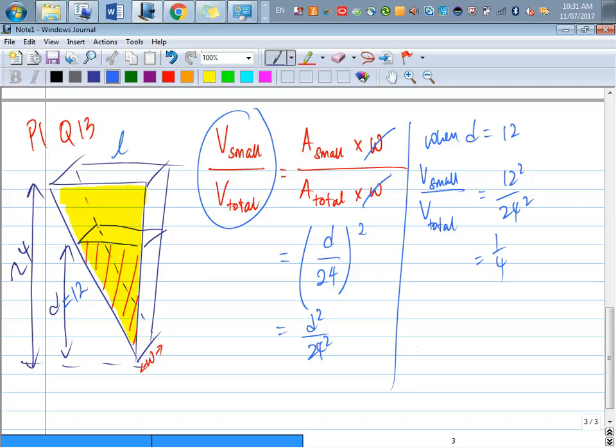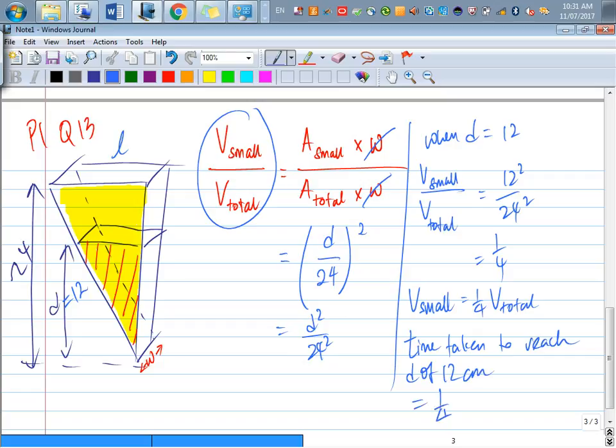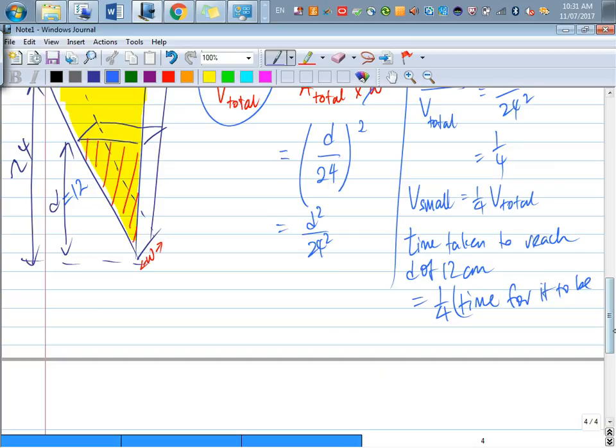So since the volume for the small container is 1/4 of the volume of the total container, that means the time taken to reach a depth of 12 cm is equal to 1/4 of the time for it to be completely filled. So that will be 1/4 of 8 seconds, which is 2 seconds.